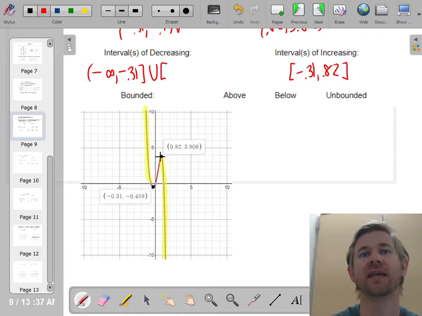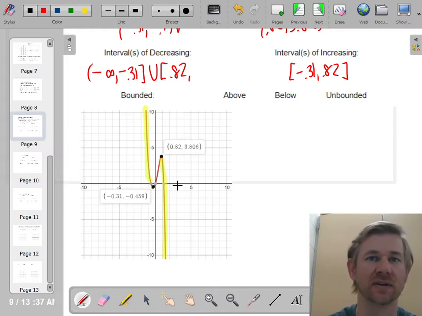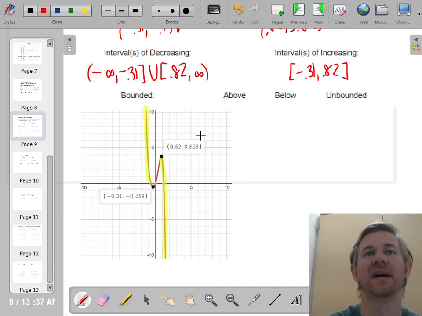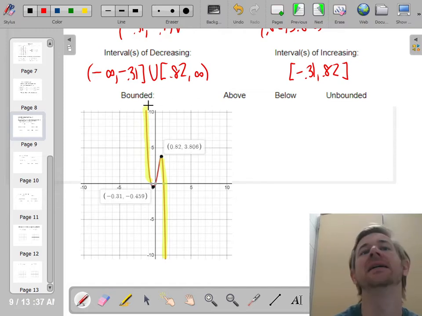That's the first interval. Then this interval is from 0.82 to, again, we're going to the right. It doesn't matter that it's going down. X is going right, so x is going to positive infinity. So 0.82 to infinity. So that's the interval of decreasing, and the interval of increasing is the only one in the middle. You can tell that there's three intervals because there's two turnaround points.